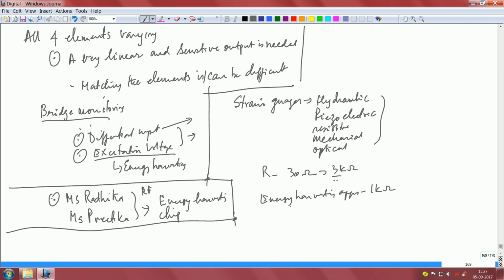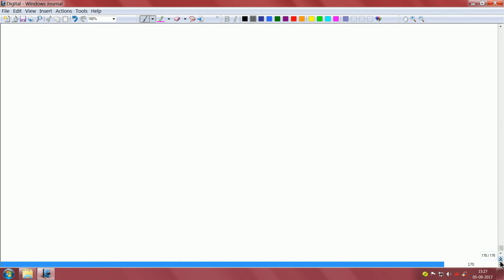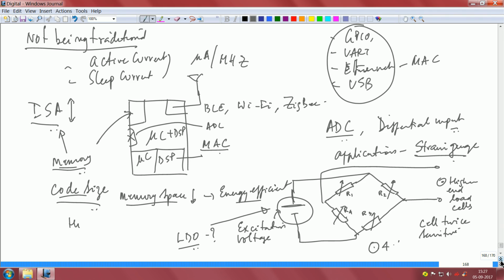So, in the system, basically you will be connecting all the 4 arms which are varying. Okay. So, that is indeed the way by which you are actually making a measurement.